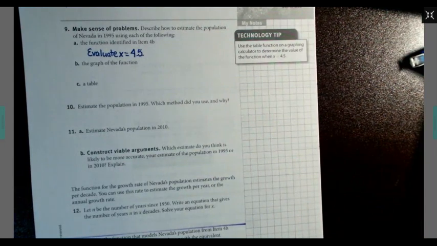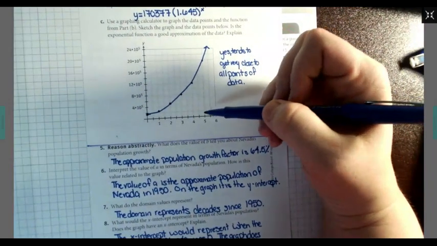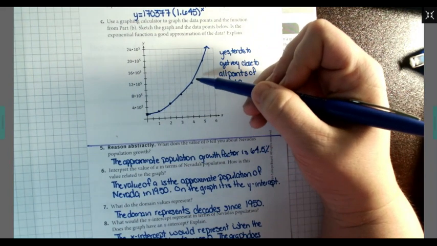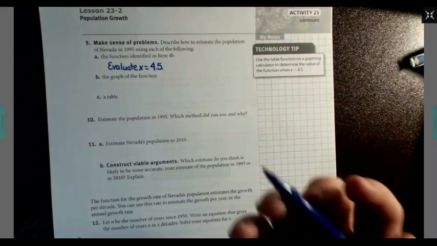If I looked at the graph and tried to find it, so this graph, I would again look at about the 4.5 mark and find the y-intercept.